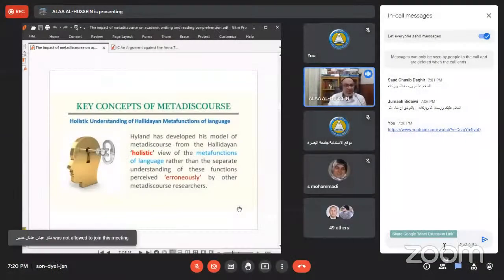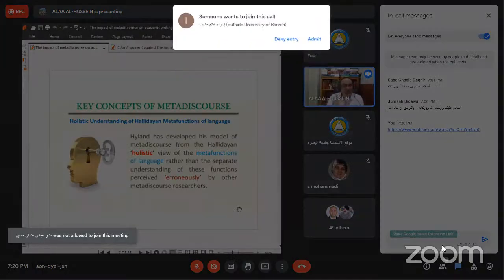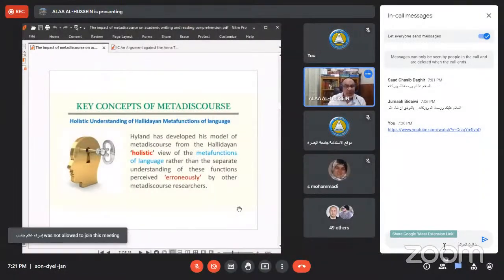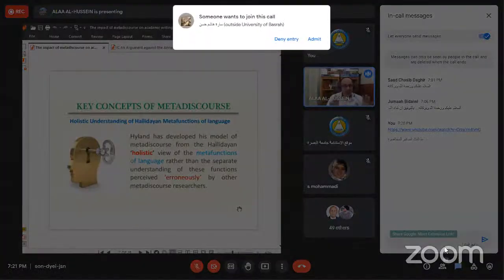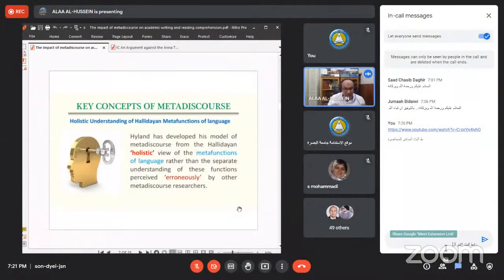What Hyland did is that, as you might see in this slide, Hyland has developed his model of meta-discourse from the Hallidayan holistic view of the meta functions of language, rather than the separate understanding of these functions perceived erroneously by other meta-discourse researchers. According to Hyland, all meta-discourse researchers preceding him erroneously understood these meta functions.